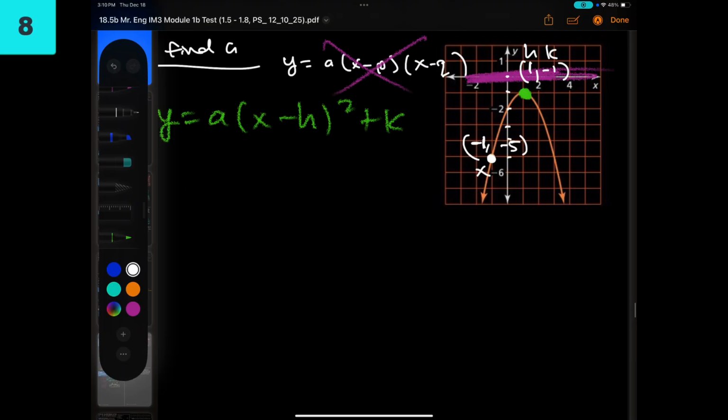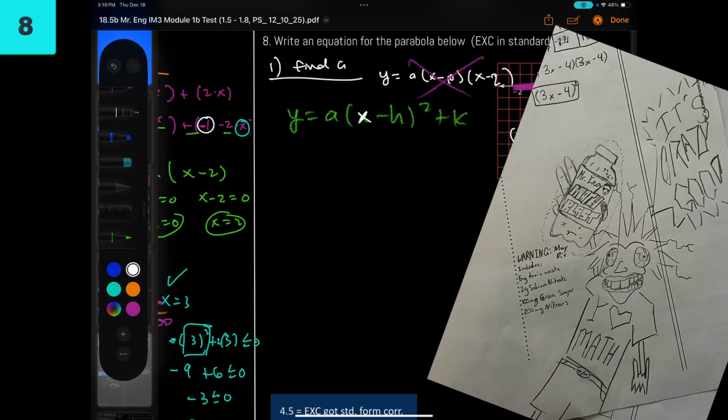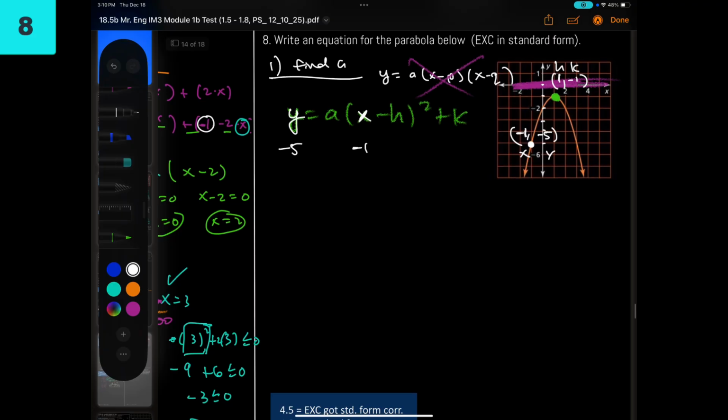So that is your x and your y. Okay, now pay attention. If your x value here is -1, your y value is -5, your h value is 1, and your k value is -1.